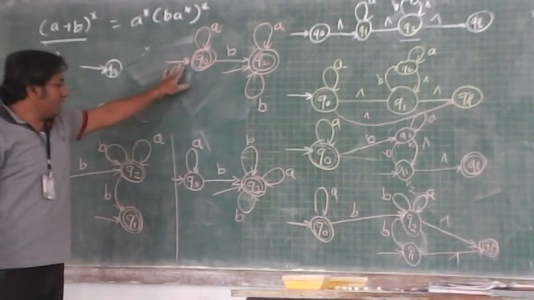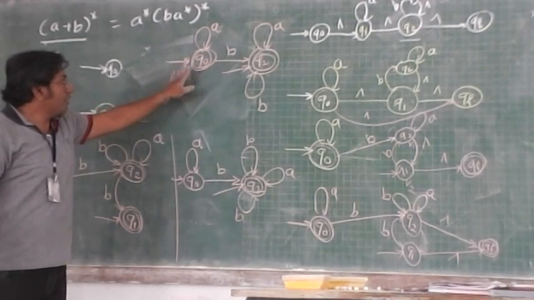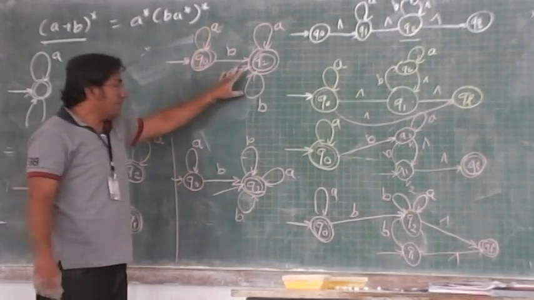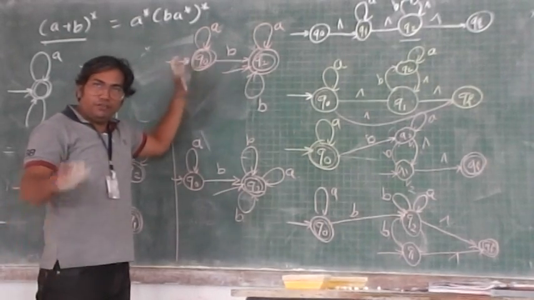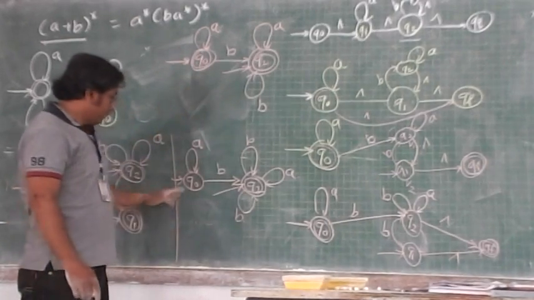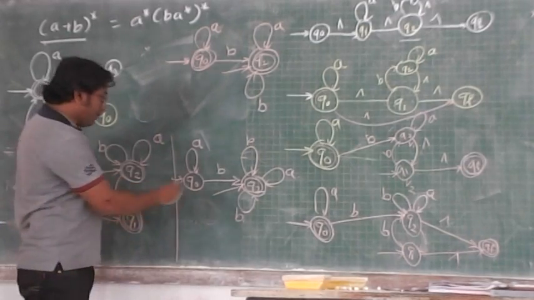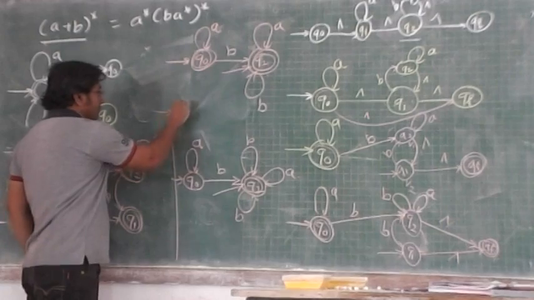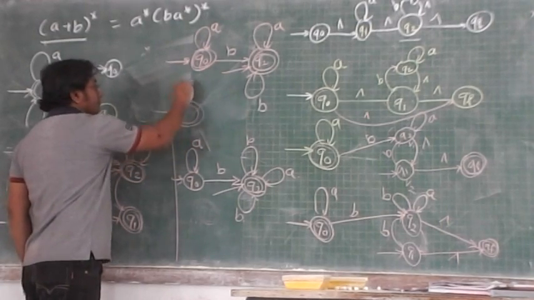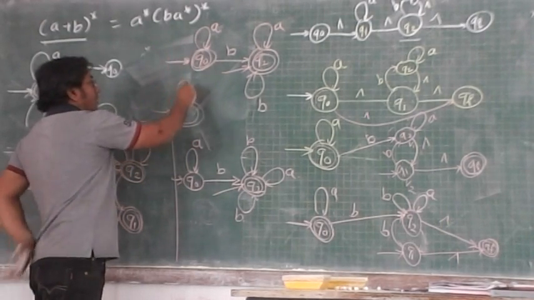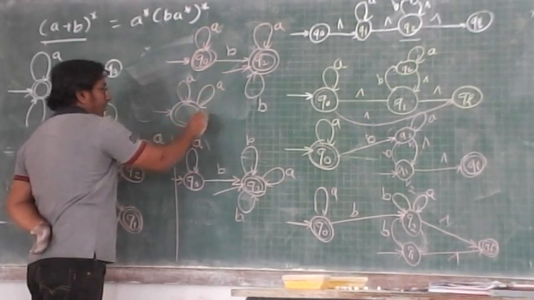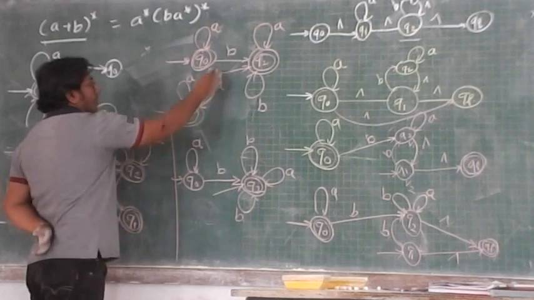Here you can clearly see that this finite automata is having two final states, and these are again two initial states. If we merge them, okay, if we merge, then what exactly we get? This one we get A, this we get A, another this we get AB.